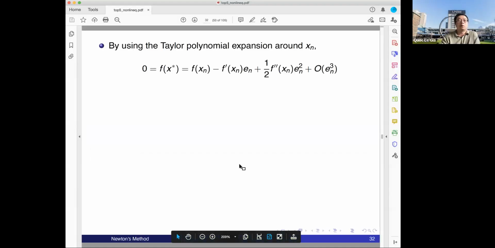So now we use Taylor polynomial expansion again. So why do I get this? What is the Taylor formula?